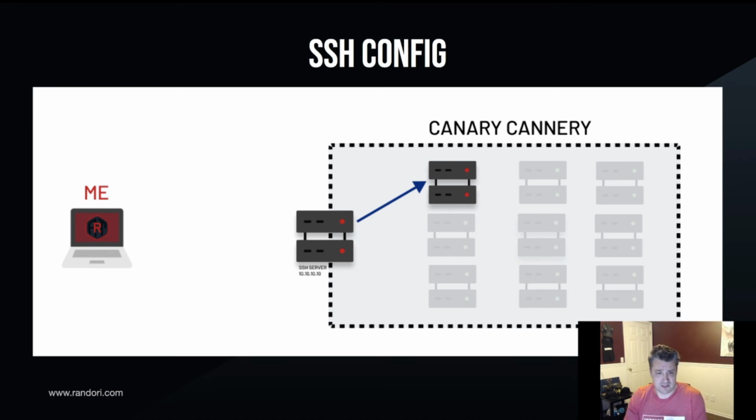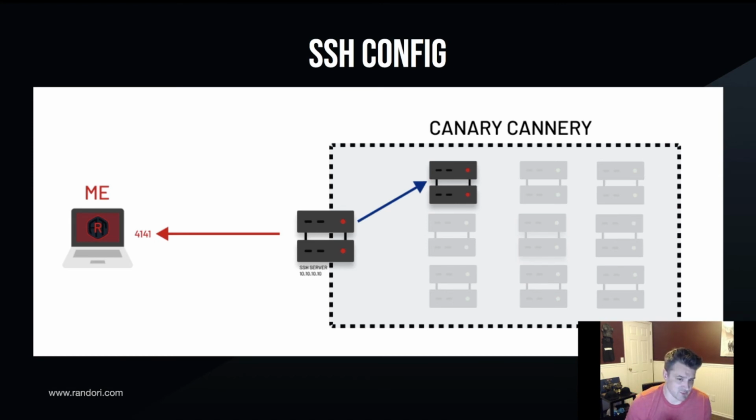I want to use the SSH config, and what I can do here is configure it such that other commands get run when Bob runs SSH to connect to that system in Canary. So what that would look like here is when he SSHs out, then I run another command to give me a shell that connects back to me. And now I have a shell as Bob on the 10.10.10 server.